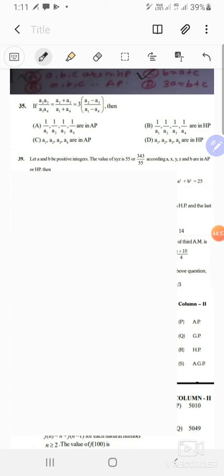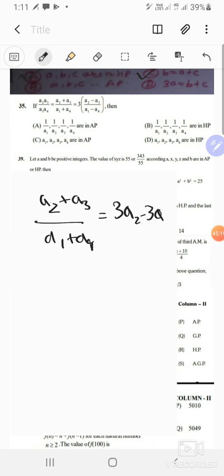What about theorem on equal ratios? Oh yes, we can apply theorem on equal ratios on this thing. Yes, that should work. Yeah, let's give it a shot. So a2 plus a3 upon a1 plus a4, that is 3 times of a2 minus 3 times of a3 upon a1 minus a4.